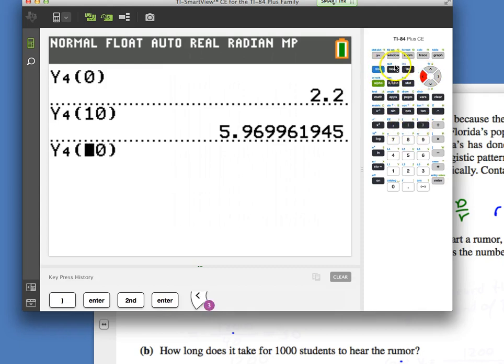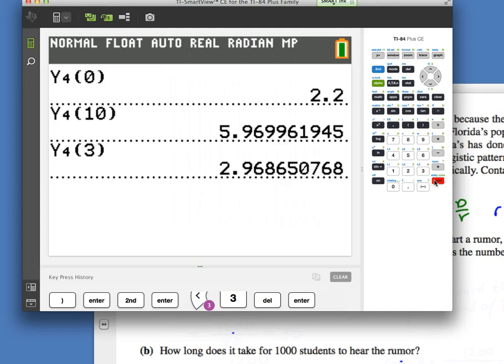And delete that. I'll put in my day 3. And hit enter there, and that evaluates there. So that's my A. Are you okay with my A values? Any questions about what I do? My 0, my 10, and my 3.